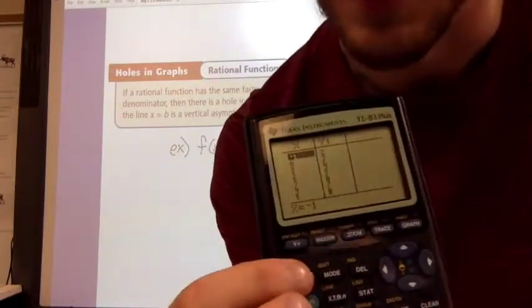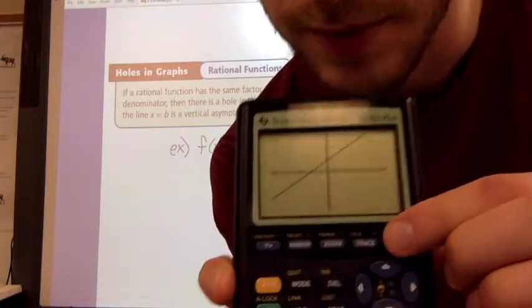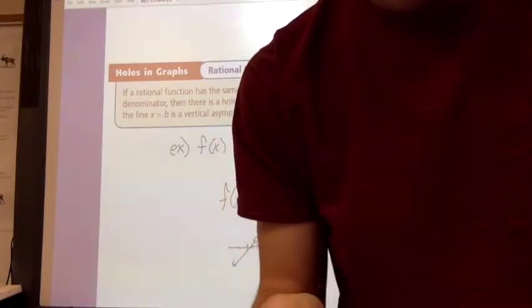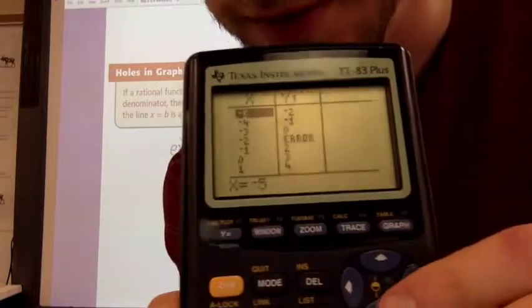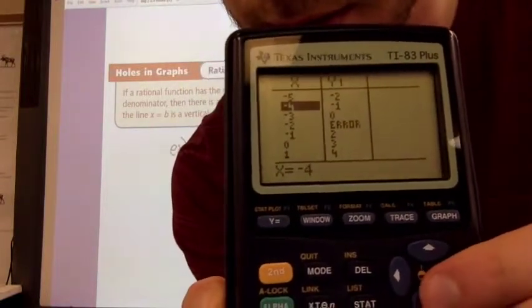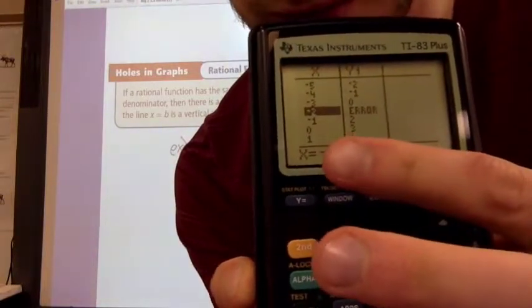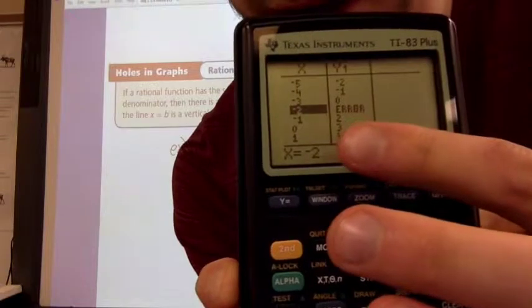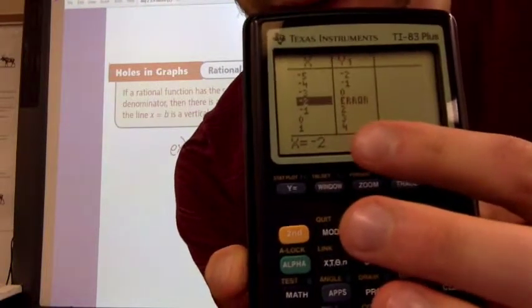Let's go to our x values. We're interested in the x value of -2 because the graph does not exist there. And you can see that at x equals -2, there's an error. So there's no y value. So it doesn't exist, actually.